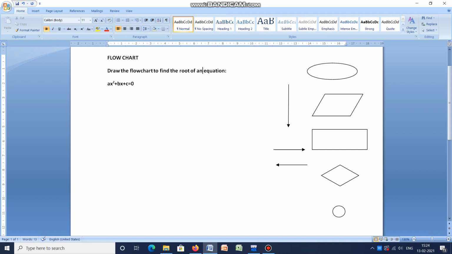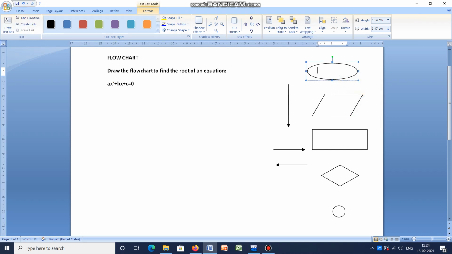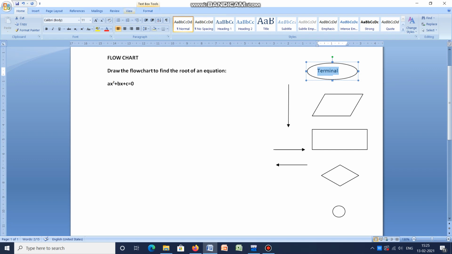What are these drawing tools, and what are their functions? Just to recall, let us discuss this again. Starting with the elliptical shape, this is the terminal point. This is nothing but the starting or ending of any program.